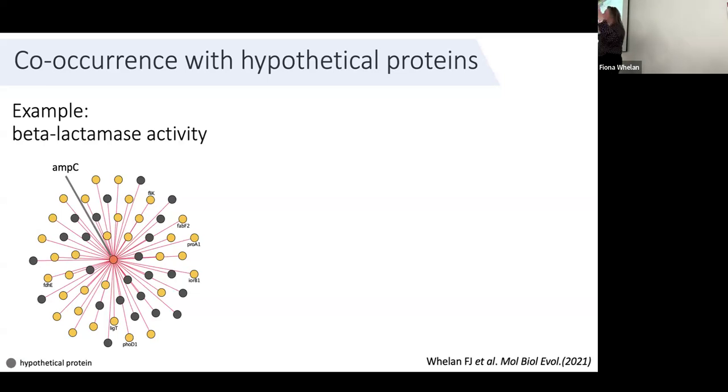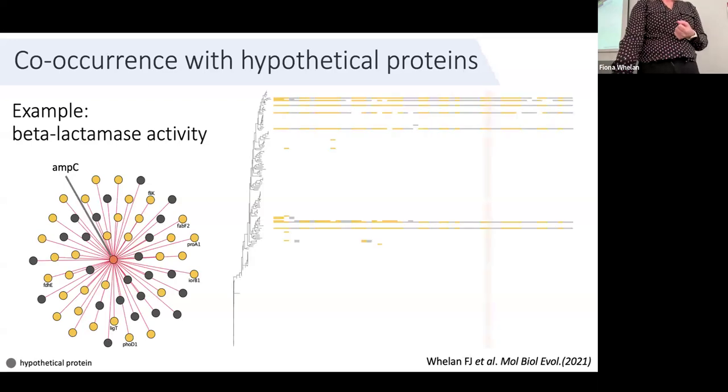Again, pulling from that larger network, just pulling out that gene and anything it's associated with, you have the ampC gene in the middle here in red. I've colored all of the genes that it has a significant co-occurrence relationship with yellow if we have some idea of what that gene is. The ones that actually have gene names, I've labeled on the network. But everything in gray is just listed as hypothetical, so we don't know really anything about these genes.